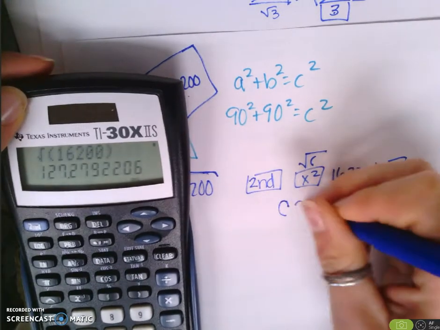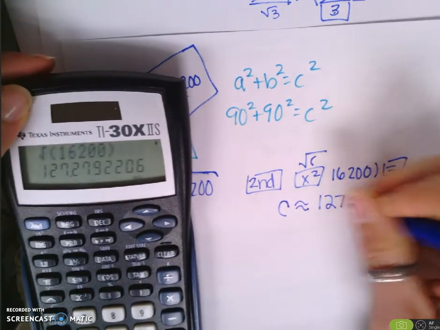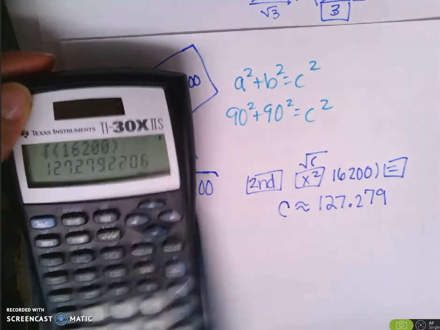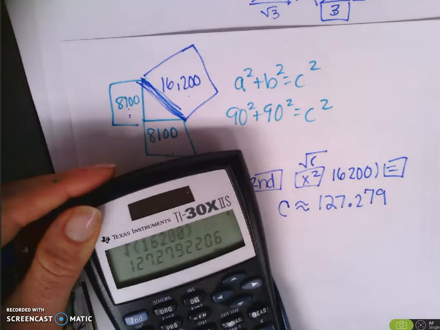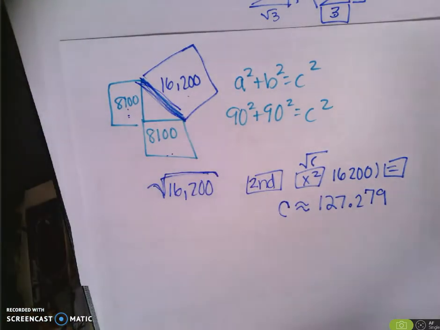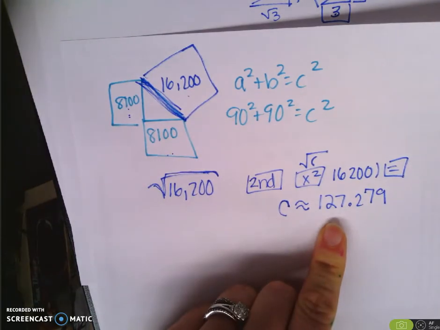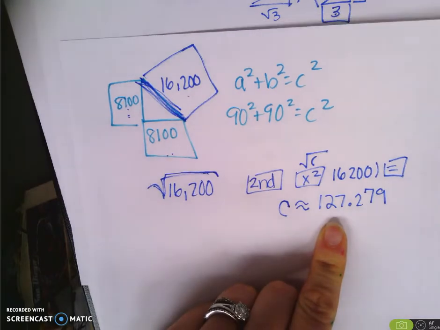So I know that C is approximately 127.279, let's say. And what did the directions ask us to round to? They asked us to round to the nearest whole number. So what's the nearest whole number to 127.2? Is it 127 or 128? That's right, it's 127.